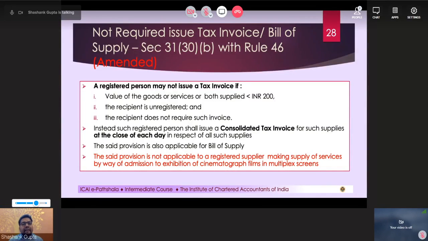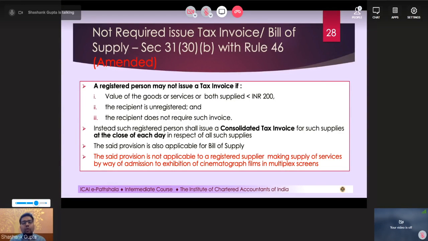Now, what are the cases where a tax invoice is not required to be issued? A registered person may not issue a tax invoice if the value of goods or services or both supplied is lower than 200.